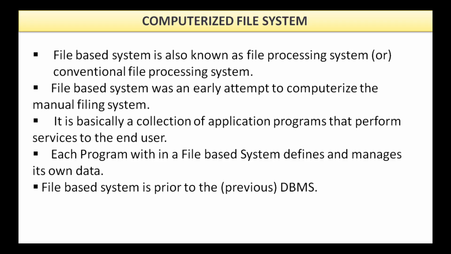Okay, listen carefully to what I am saying here. Those file systems are also known as file processing systems or conventional file processing systems. Actually, this system was an early attempt to computerize the manual file system.